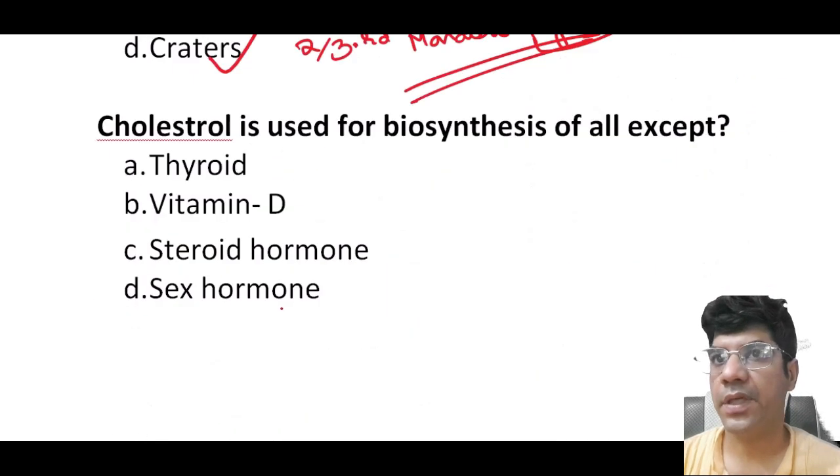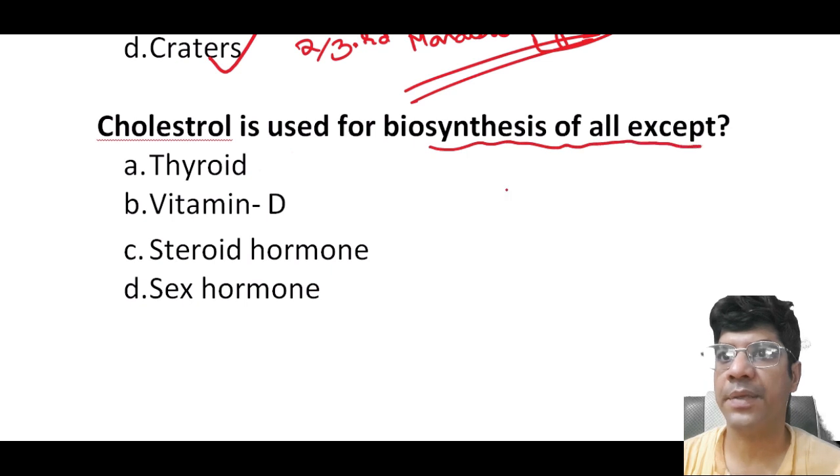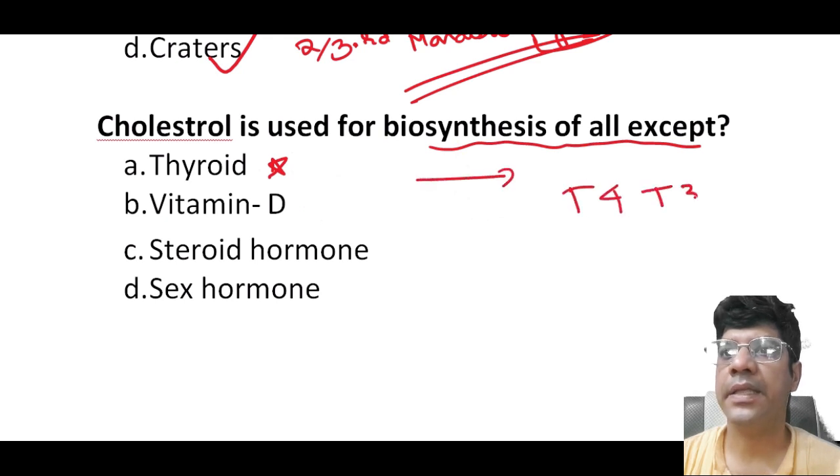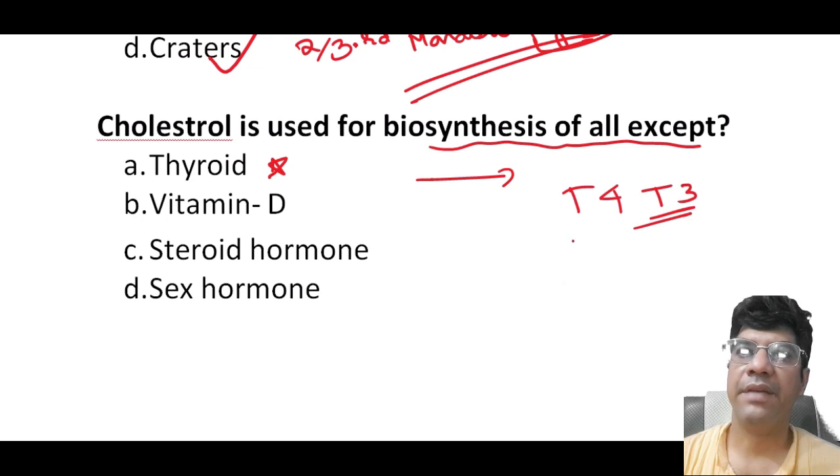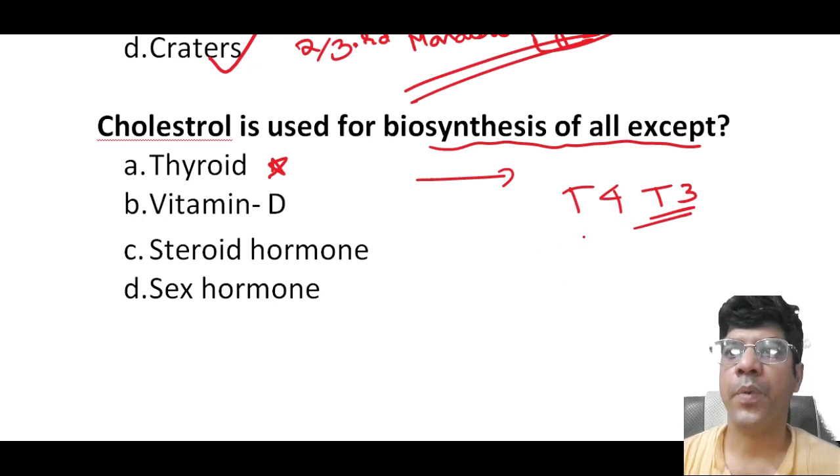Coming to the next question, cholesterol is used for biosynthesis of all except. The answer is thyroid. Thyroid hormone, we know it includes T4 and T3. And these T4 and T3, they play an important role in regulating the metabolism, growth and development.